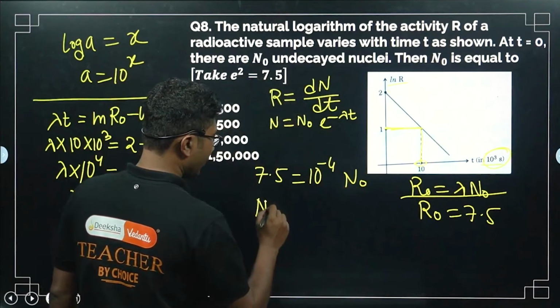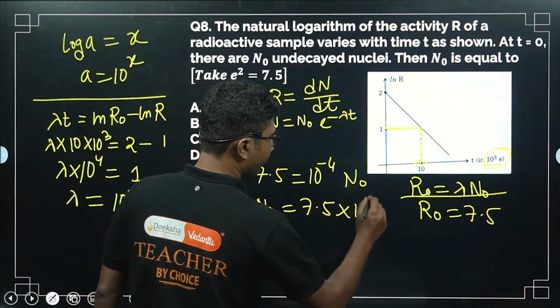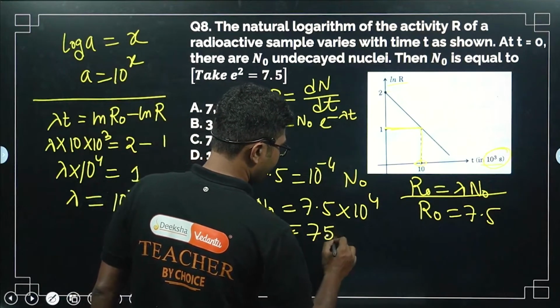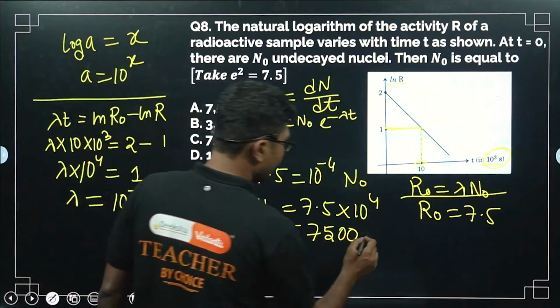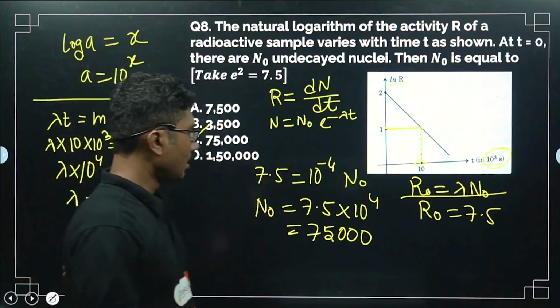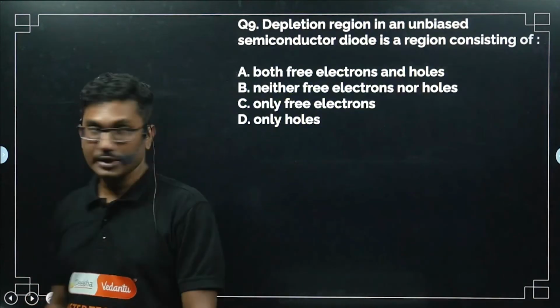So N0 will be equal to 7.5 times 10 to the power of 4, minus 4 comes here, and it will become 75,000. So the correct answer is this. But this question is out of syllabus. If you are not interested, you can skip this part.